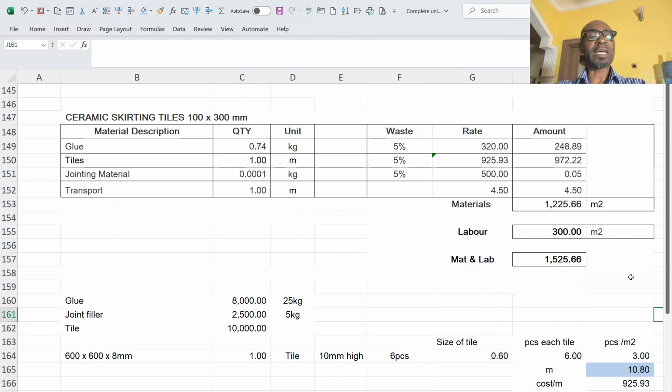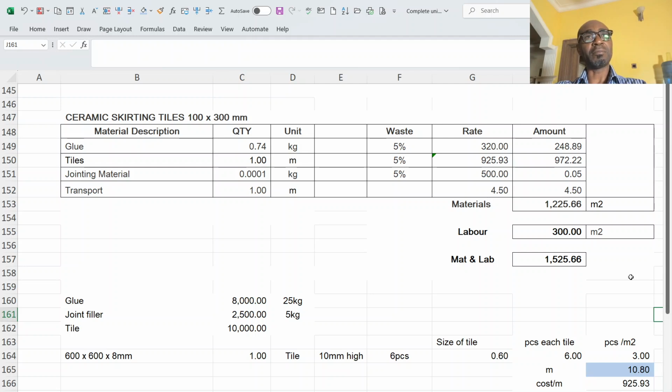But these items also are not commonly found in the market. So most individual buildings are improvising by slicing full tiles to whatever height they want their skirting to be.